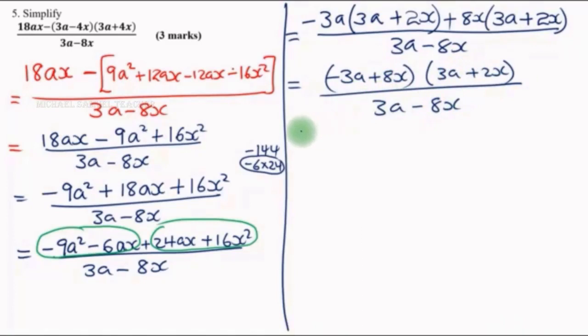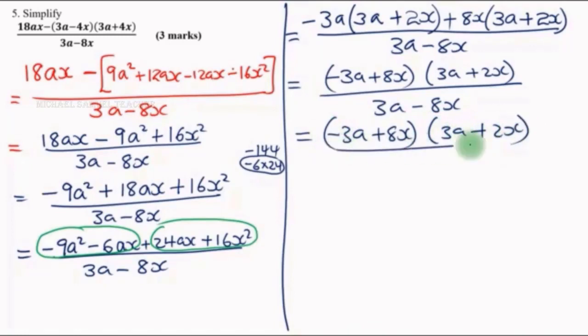So from here, let us reconsider the denominator part, such that we can rewrite it. Actually we want it to be similar to the numerator part, because we have 3a and minus 8x. Here we have minus 3a plus 8x.